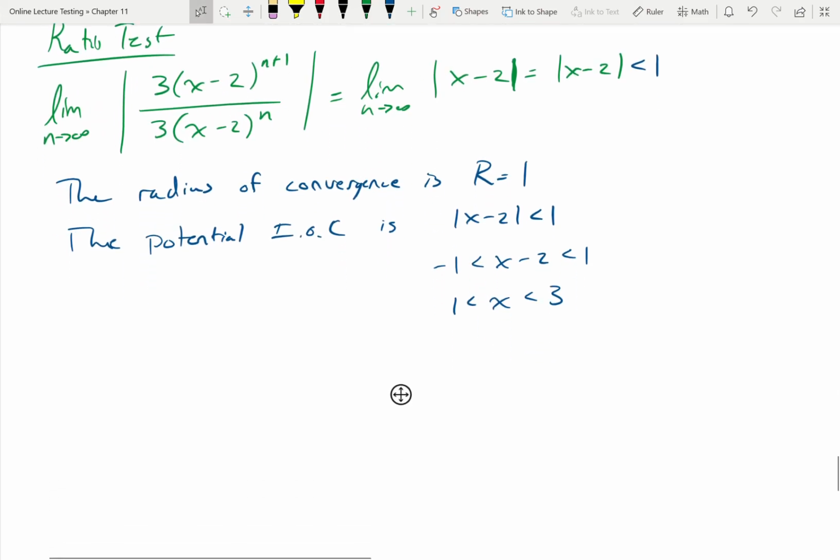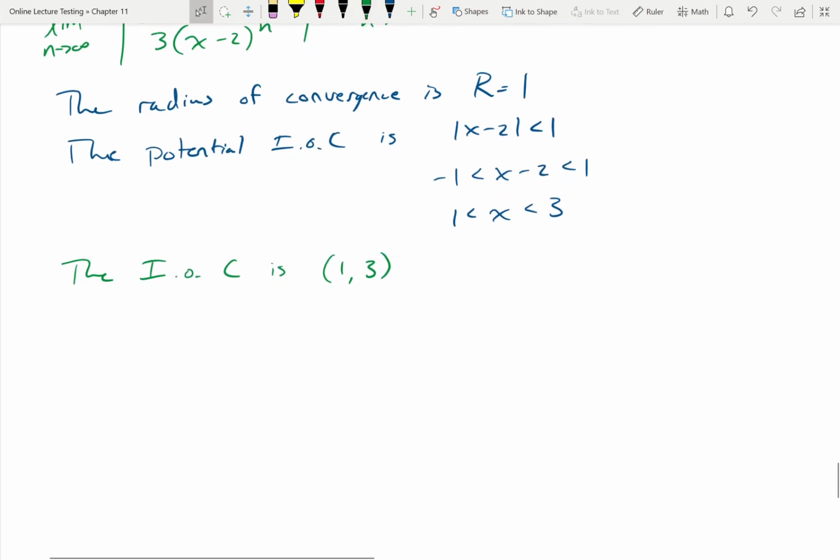And again, the IOC is from 1 to 3. All right, I'm going to show this though. I'm going to prove that this is true, and I've proved so by properties of geoseries. But I'm going to show you why it is here in a second.